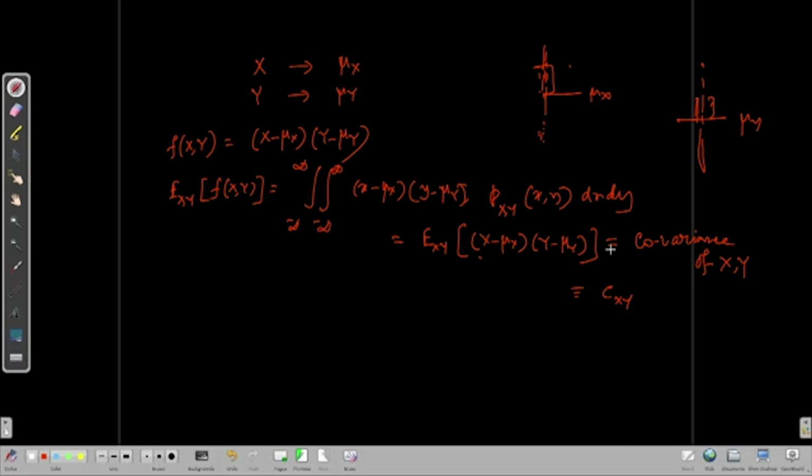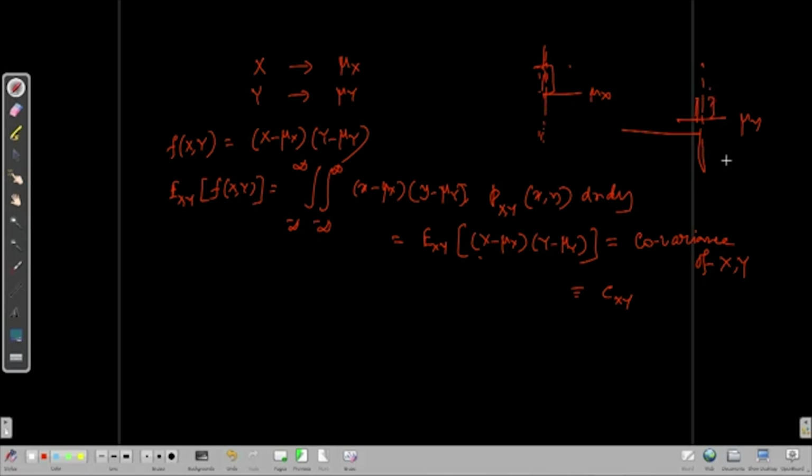On the other hand, if there is no correlation, as I told you, one is temperature, another is the rupee value of US dollar. No correlation. So it may go up, but while it goes up, it can sometimes go down, sometimes go up. So positive into positive, and sometimes positive into negative, or sometimes this is negative, this can go up, go down. So again negative into positive, negative into negative.